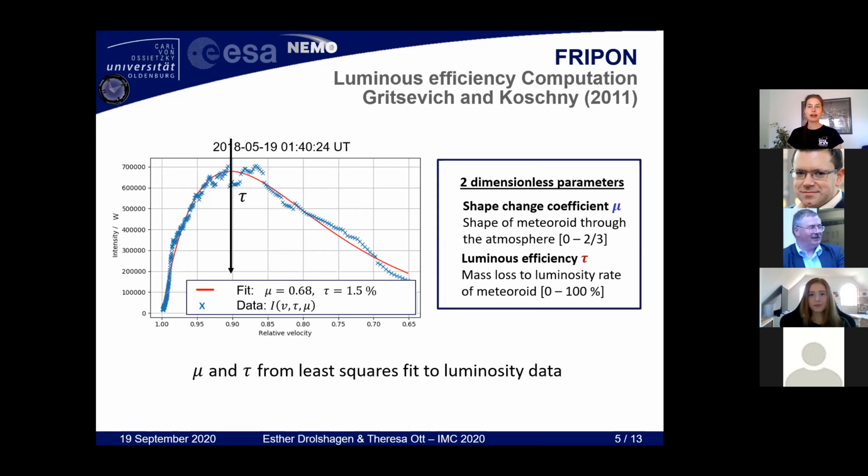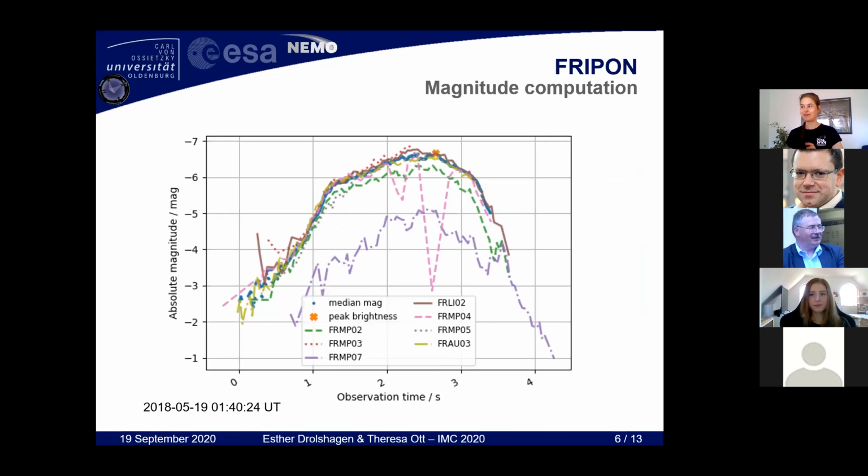If we have a look at how the light curve changes with different luminous efficiencies and mu's, we see that only the height of the peak is influenced by the luminous efficiency, while the shape and where the peak is are influenced by the shape change coefficient. What we had to look at for the intensities is, of course, the magnitude of the fireball, which changes during its way through the atmosphere.